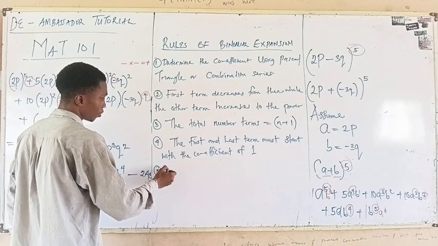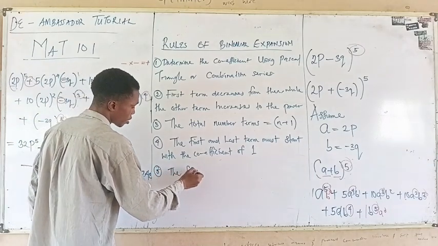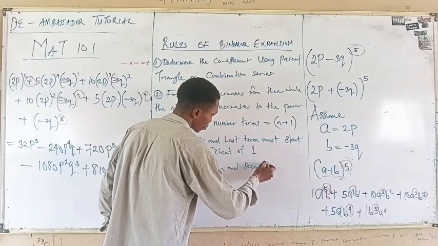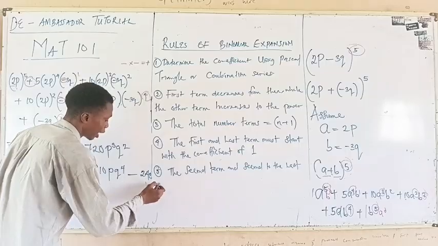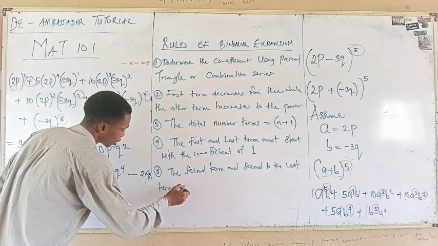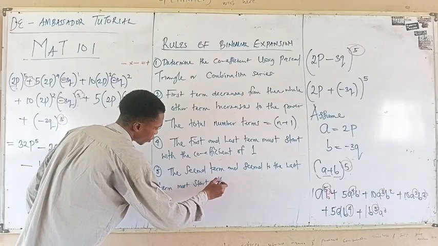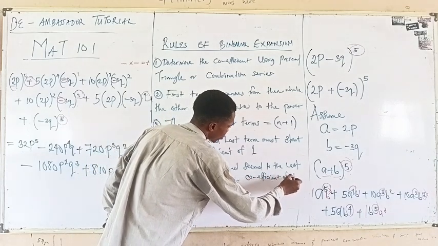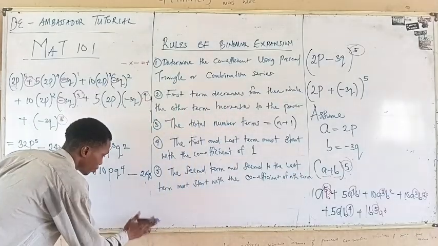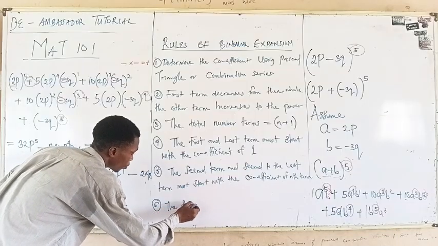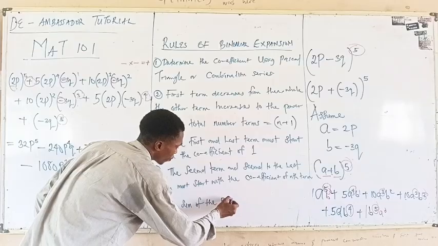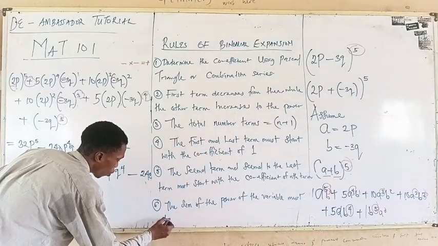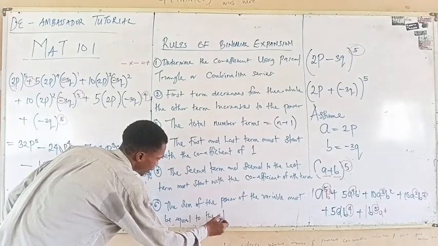Rule 5: the second term and the second to the last term must start with the coefficient of the nth term. And lastly, the sum of the powers of the variables must be equal to the nth term.